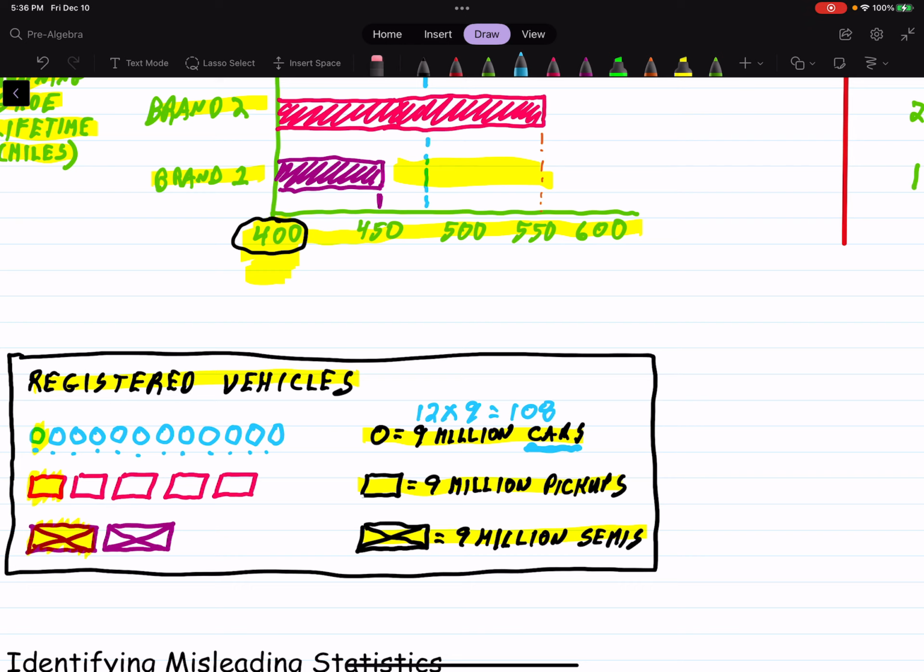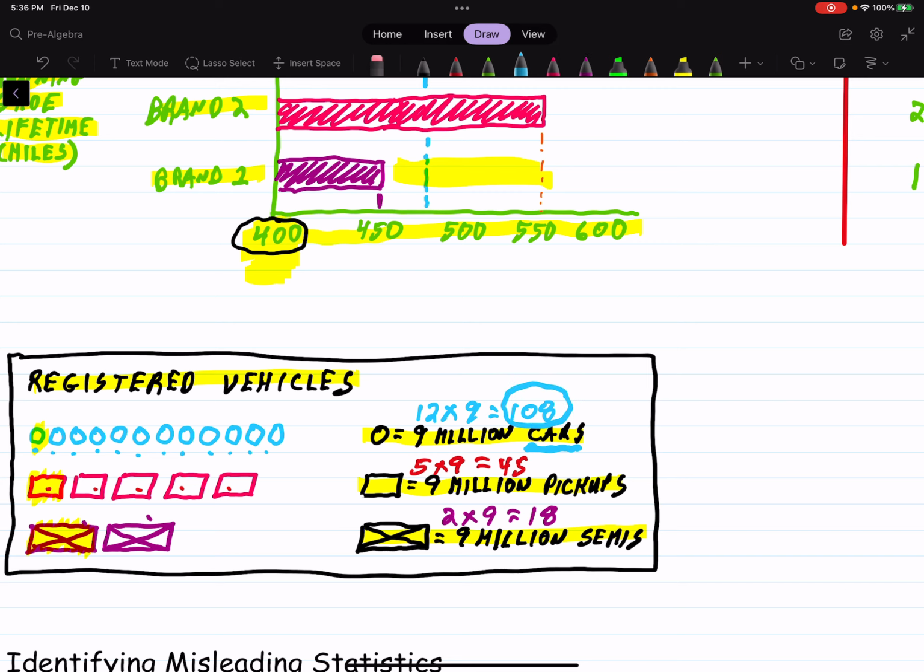And if we look at the 1, 2, 3, 4, 5 here, there's really 5 times 9 million, or 45 million pickups on the road. And finally, if we look at the 1, 2 semis, there's really 2 times 9, or 18 million semis on the road.